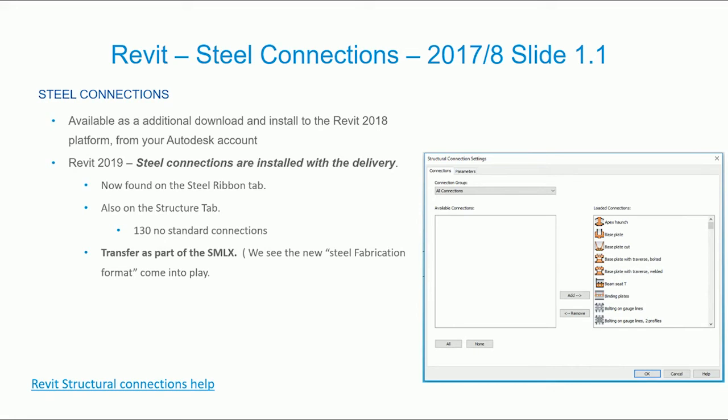And as of 19 there is a slight change in the way that they are transferred, and it changes the actual beam that they're attaching to. We see this new steel fabrication format that comes into play. The important thing is these connections are exactly the same as the connections and the dialogues that you would see inside Advanced Steel. So people that are familiar with Advanced Steel should be quite familiar in how to use these connections and how to set up the parameters, etc.